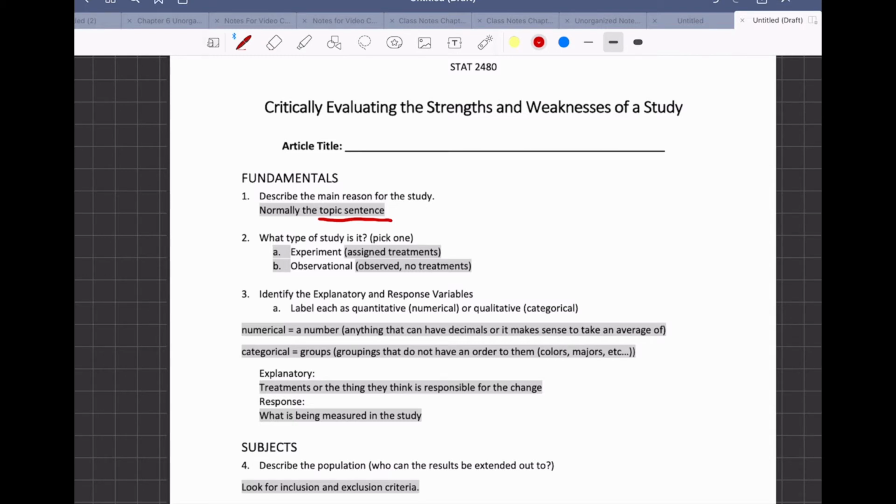Among those two, we can have many kinds of studies, but the two biggest are random experiment and observational studies. If we are assigning treatments randomly, for sure we're talking about a random experiment. In observational studies, usually we observe, we don't assign treatments randomly, or we do not manipulate.